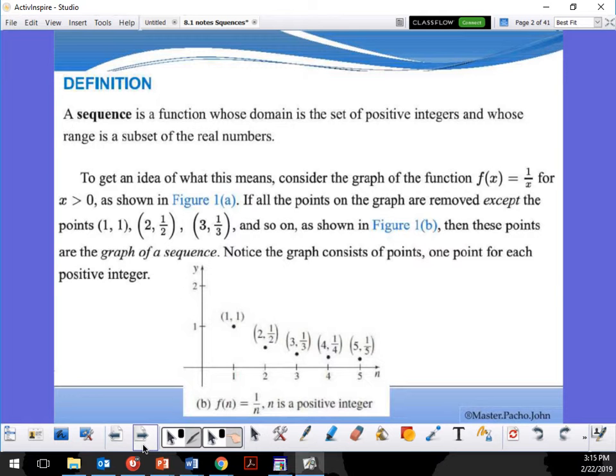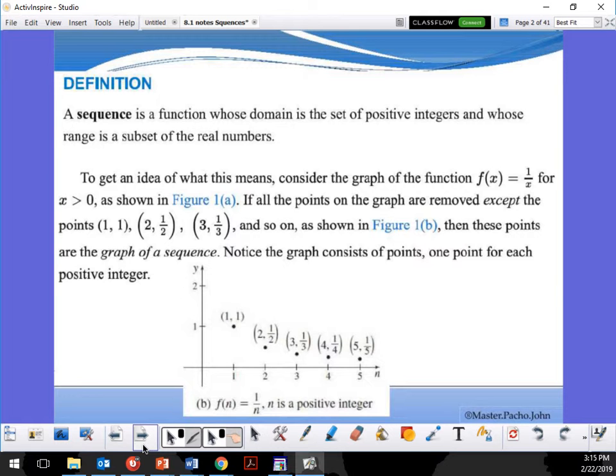To get an idea, let's take a look at this graph of f of x equals 1 over x, where x is greater than 0. There's my set of positive integers, where x is greater than 0. As I plug in 1, it's going to be 1, 1. This is my first point because I'm plugging in 1.